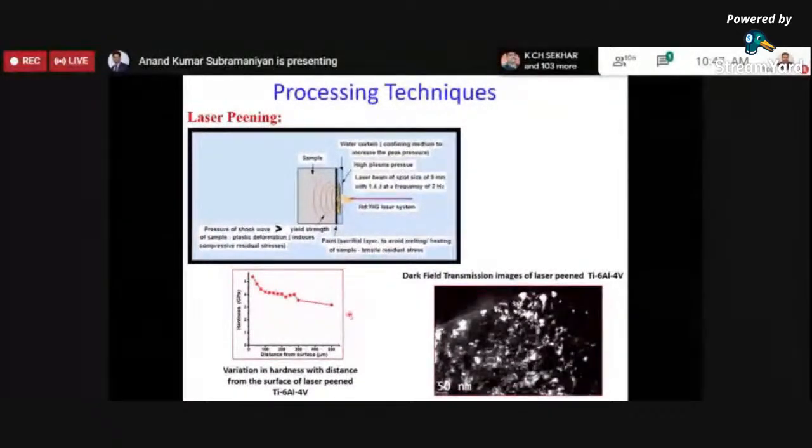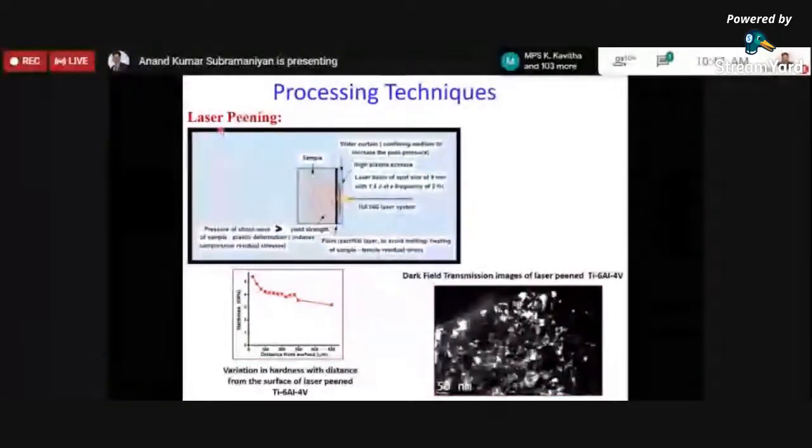So this is another very interesting and commercially used technique. In fact, leading aerospace industries like Boeing and Airbus use this technique for peening their turbine blades or compressor blades, because it generates compressive residual stress, which is good for resisting fatigue kind of damages.